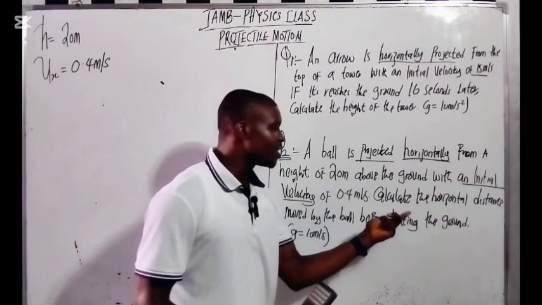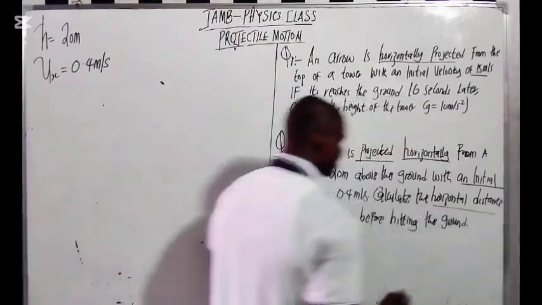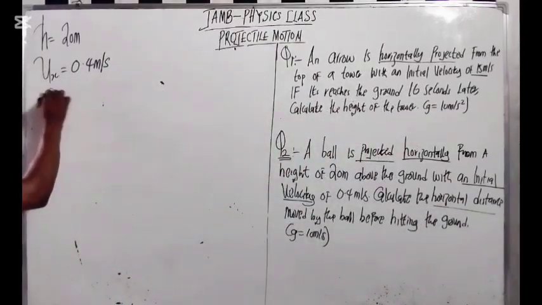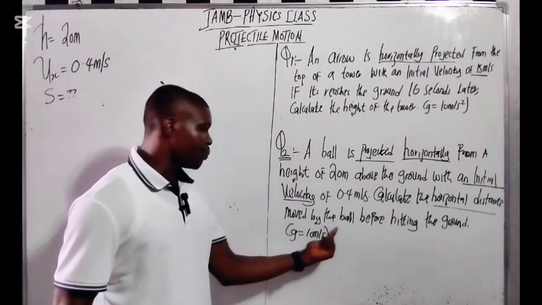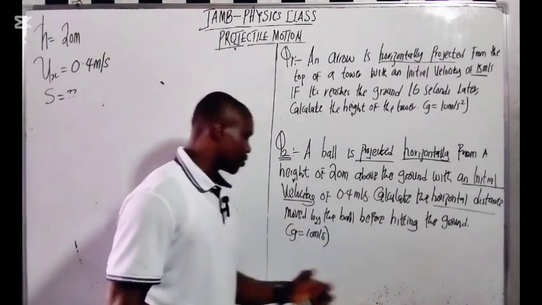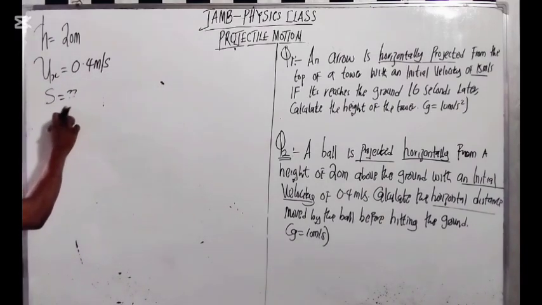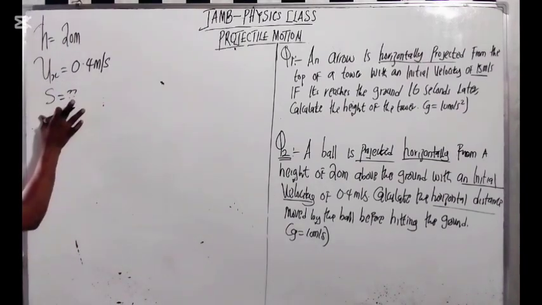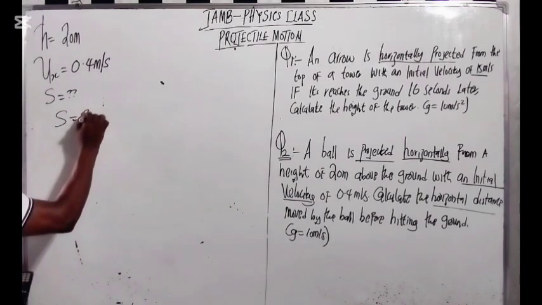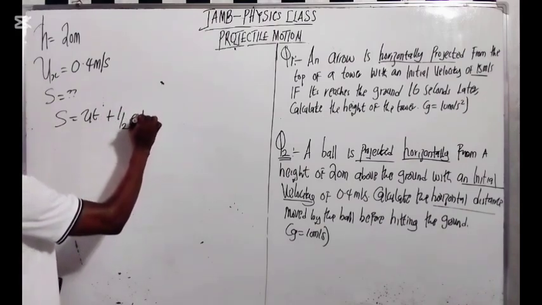Let's say calculate the horizontal distance. The horizontal distance is x, right? It's x moved by the ball before hitting the ground. So to calculate the horizontal distance, here you have x equals ut plus half at square.